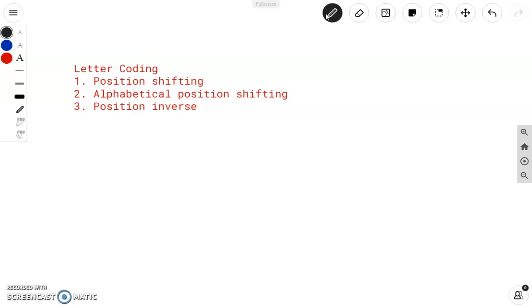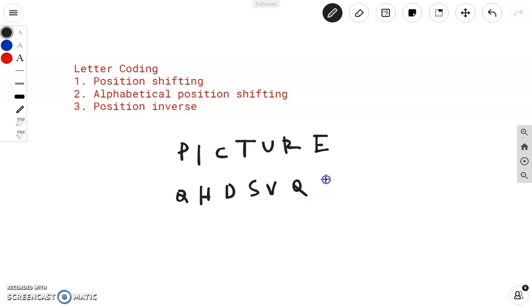Like, there is a certain code in which picture, P-I-C-T-U-R-E, is written as Q-H-D-S-V-Q-F. Why are we calling this method alphabetical position shifting?